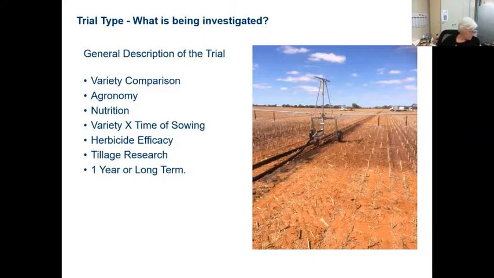A lot of them can be long-term trials these days, and that will also give you an idea when you're trying to find a location for a trial site. That will determine your location.